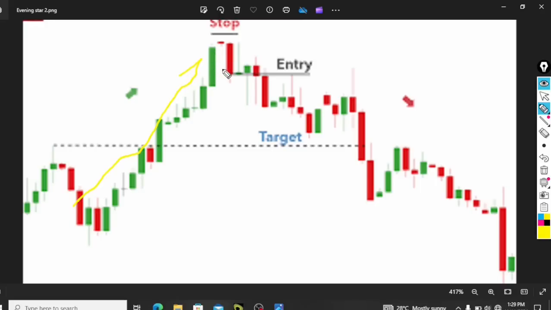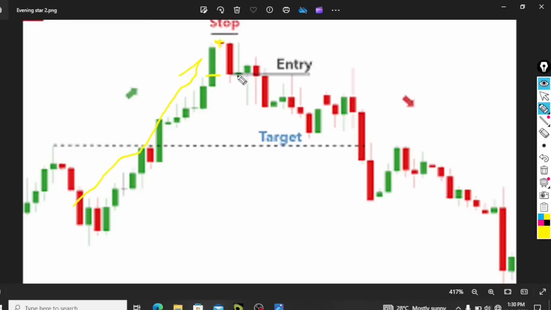The first candle being a very strong bullish candle, followed by another candle which is a doji. This is a doji here. It looks like a cross, with a small body, followed by the third candle, a very bearish candle that is able to close below the 50% of the body of the first candle. Then we know that it is an evening star that you are dealing with, and it's a trade setup that is worth taking.